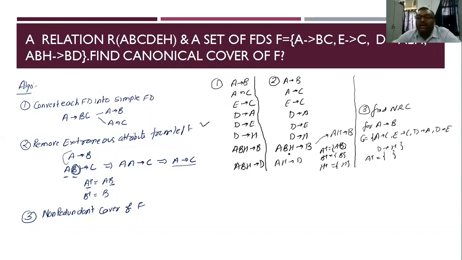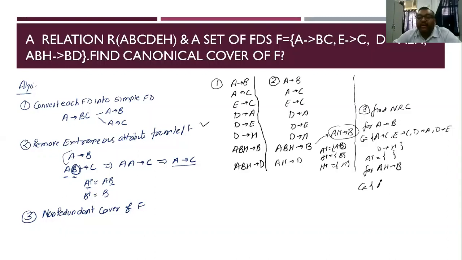Let us check this one. A determines B. All these are non-redundant. Now let us check AH determines B. For AH determines B, what is G?